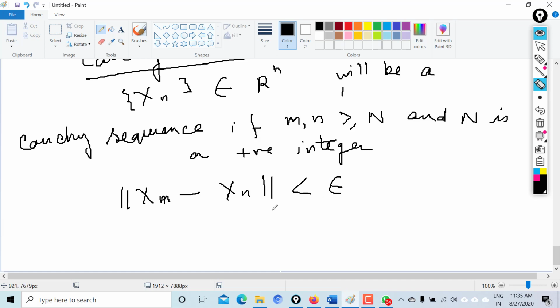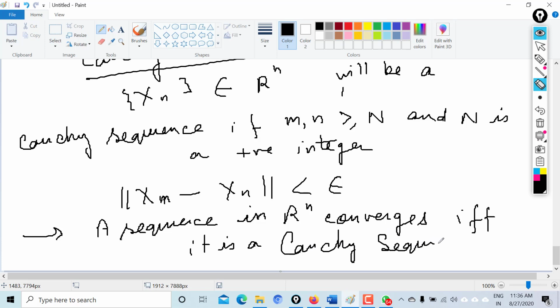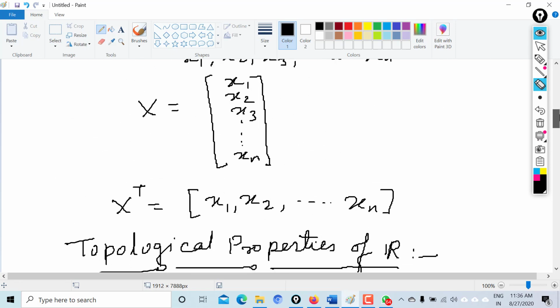So we can say that a sequence in R^n is Cauchy if this condition holds, and we can also say that a sequence in R converges if and only if it is a Cauchy sequence.